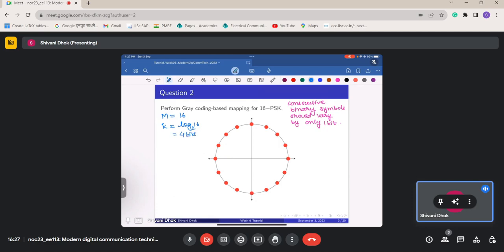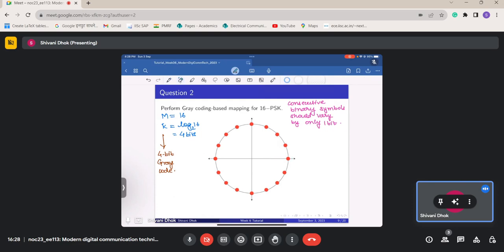So basically what I need to do is construct a 4-bit gray code. Okay, so let's do that. So let's start with our convention and start with this symbol, this constellation point, which is located here. So this is 0 0 0 0.